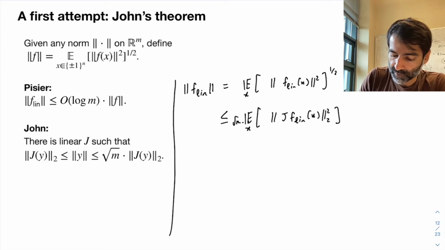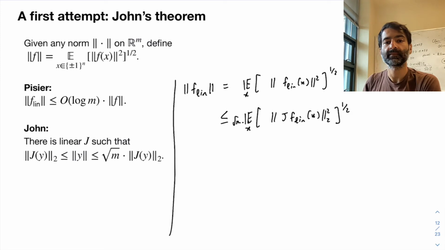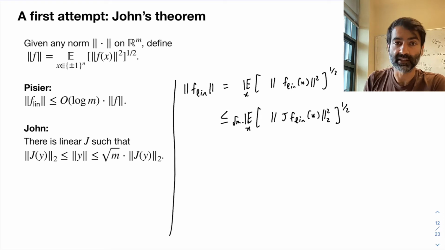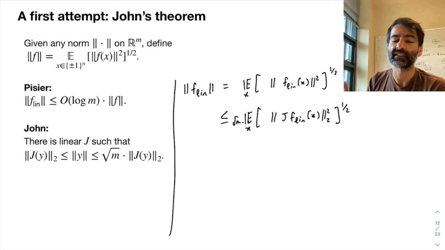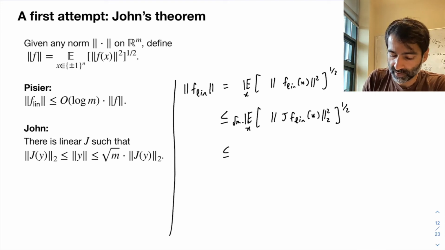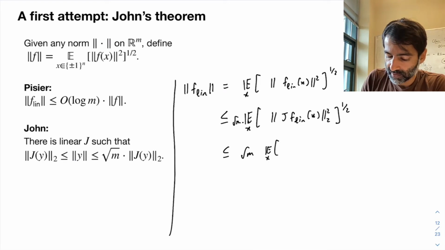And now I've moved to the 2 norm. But for the 2 norm, I know that the 2 norm of the linear part is at most the 2 norm of the entire function. So this is at most the square root of m times the expectation over x of J of f x.